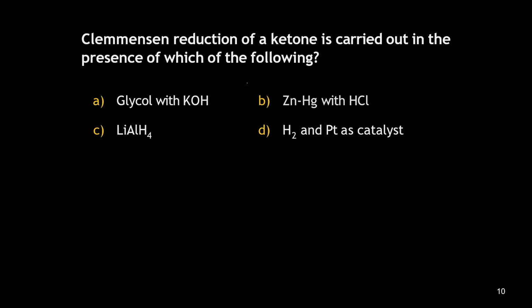which reaction is this? Clemmensen reduction of a ketone is carried out in the presence of the following. So what's the reducing agent we use for the Clemmensen reaction? Option B. Zinc amalgam. Yeah, it's a zinc amalgam. For reducing to alcohols, what is the reagent we use?